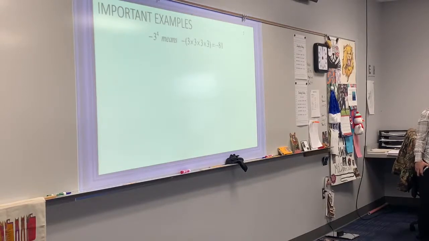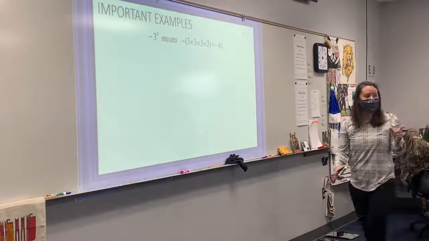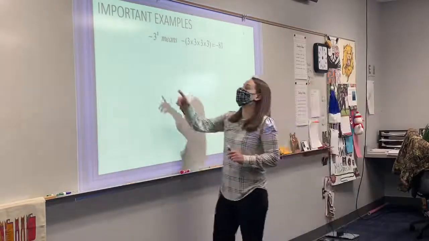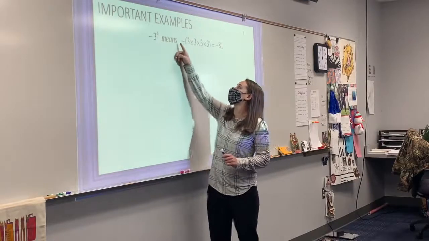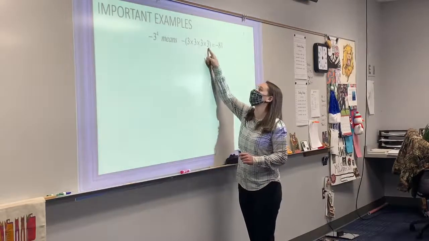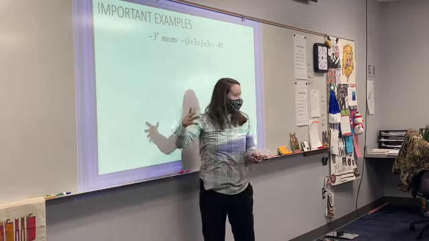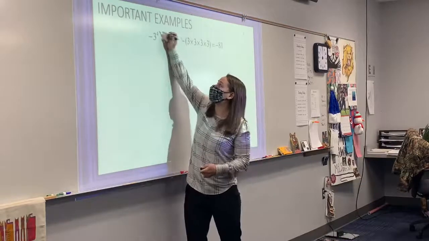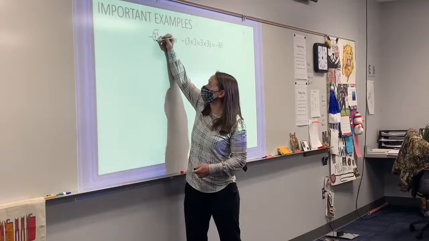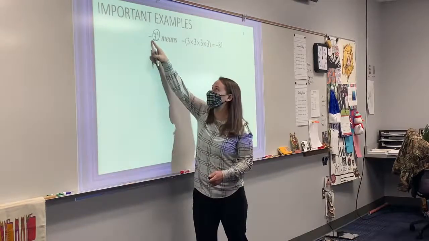All right, some important examples. This is really interesting. This is a major mistake people make on their calculator. If you have -3 to the 4th, that actually means 3 times 3 times 3 times 3, and the negative is outside. Why? Because order of operations says to do exponents first, which would be do 3 to the 4th first, and then multiply it by -1.